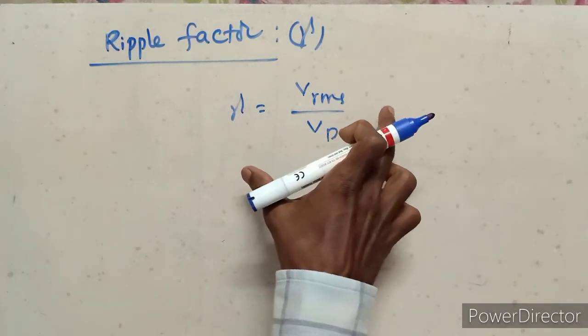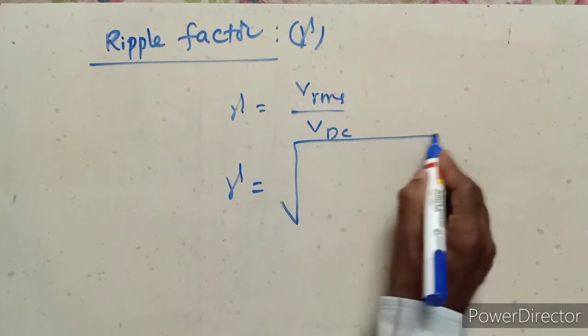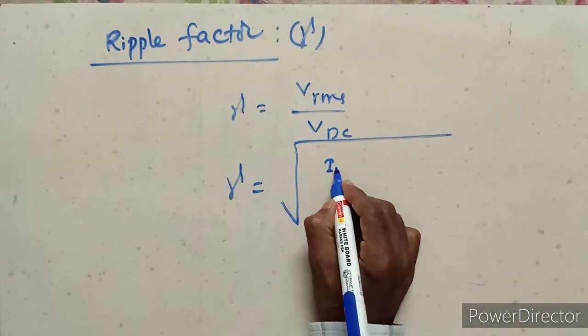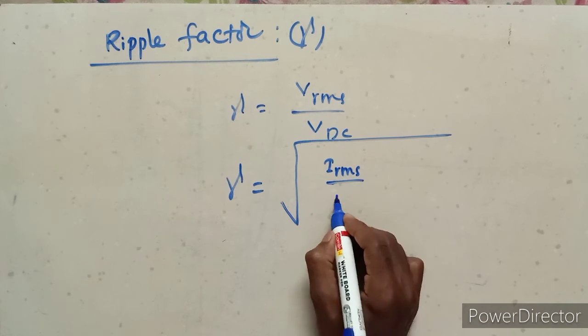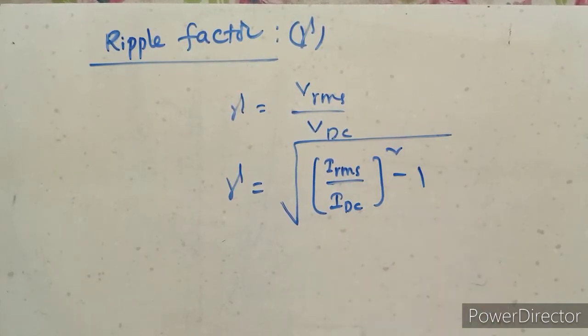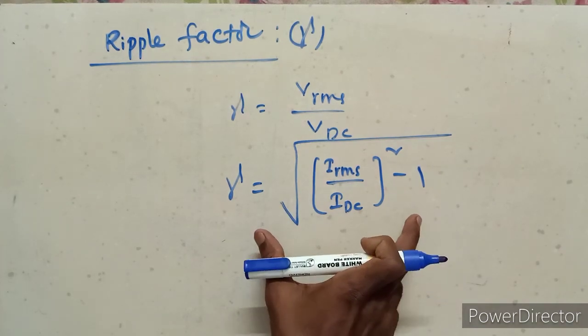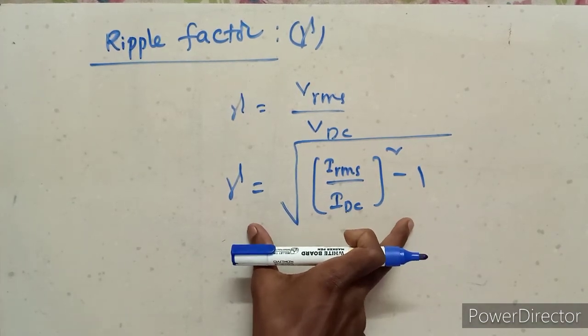Already we know this equation can be written as gamma equals under root of (I RMS upon IDC) whole squared minus 1, the same terms and equations as in the half wave rectifier.